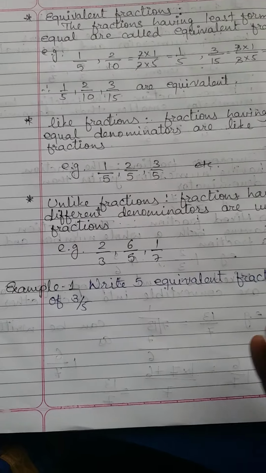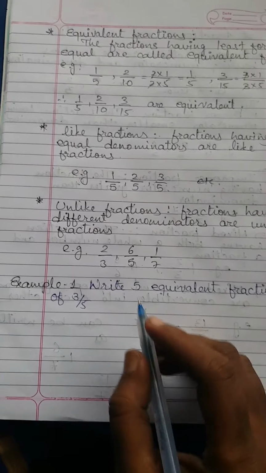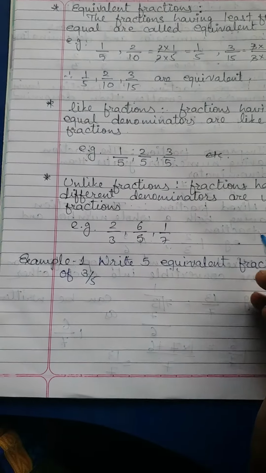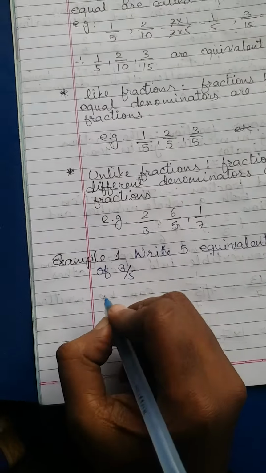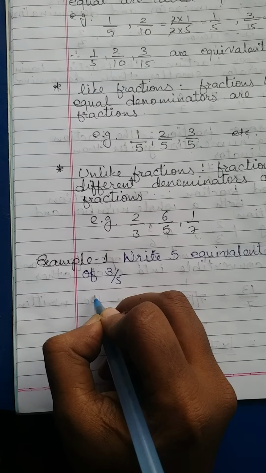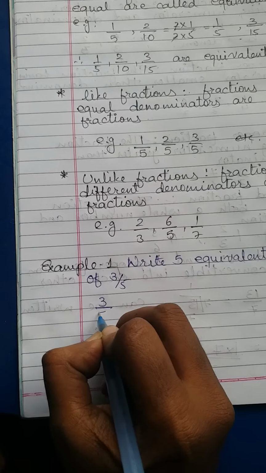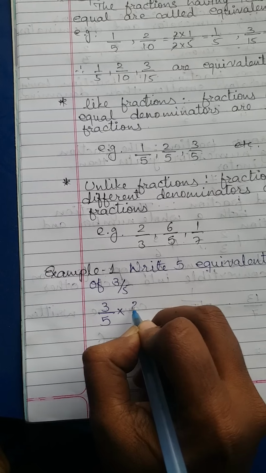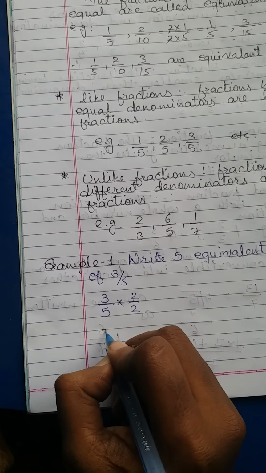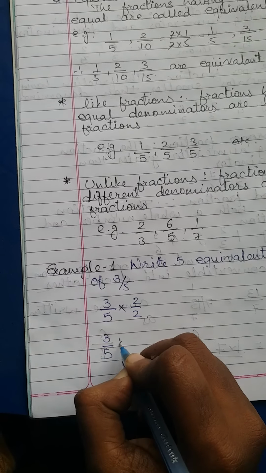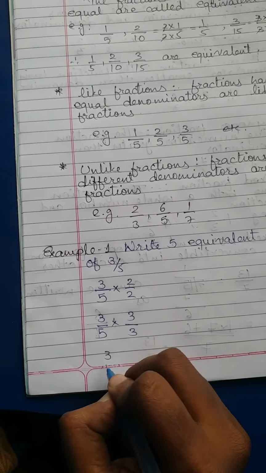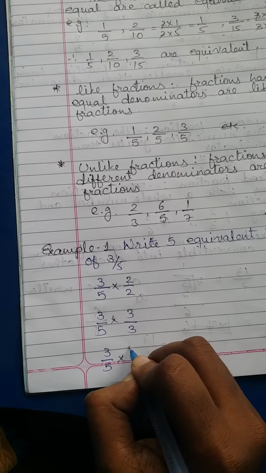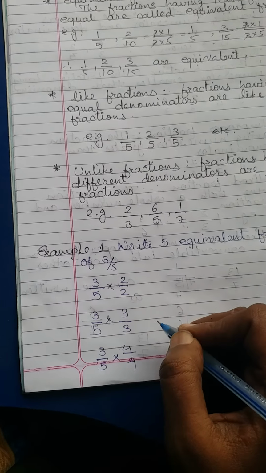First, you have been given: write 5 equivalent fractions of 3 upon 5. 3 upon 5 is given. You have to make 5 equivalent fractions of this. So what we will do, 3 upon 5 multiplied by 2 upon 2, 3 upon 5 multiplied by 3 upon 3, 3 upon 5 multiplied by 4 upon 4.